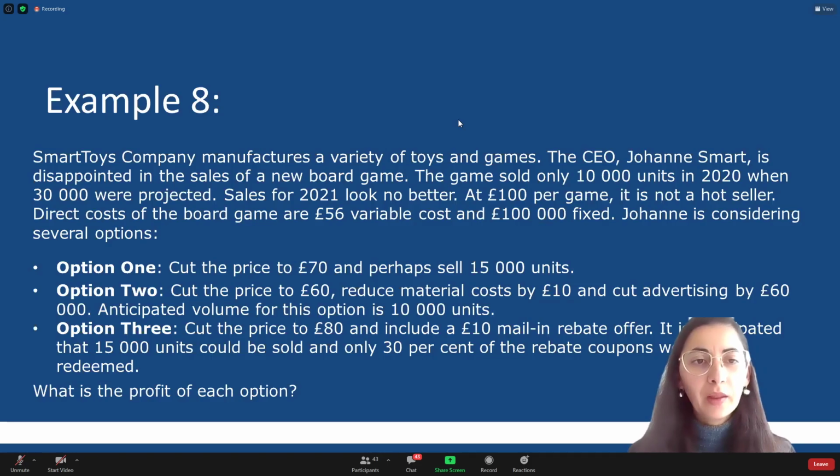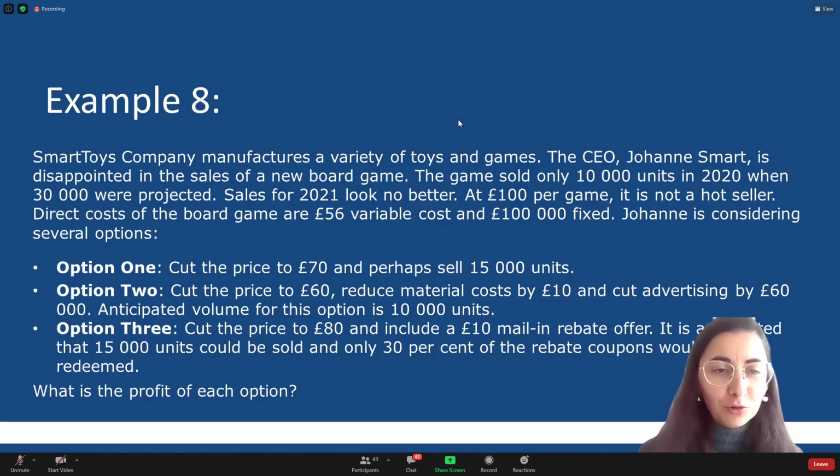So it would be the 80 minus the 56 minus this 30% of 10 euros. Or we can do like the colleague just mentioned, and we will multiply this by the 15,000 units, and then we will deduct the 100,000 of fixed costs.